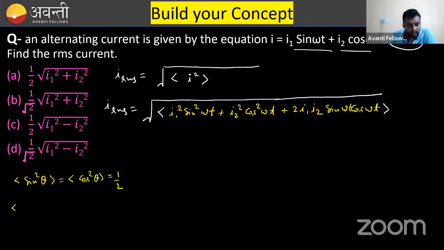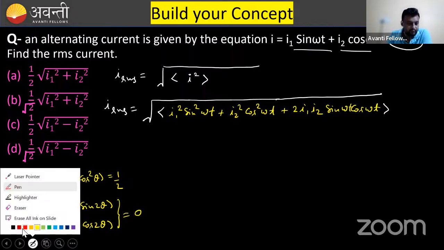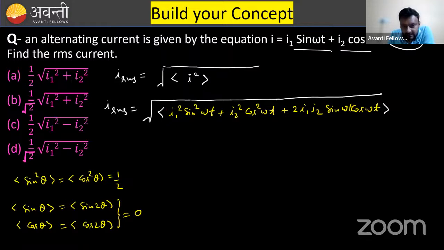And average value of sin 2 theta, similarly average value of cos 2 theta, all these values are 0. So average value of sin square theta is 1 by 2, and average value of sin theta is 0.